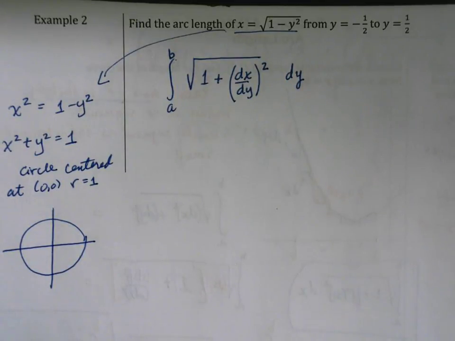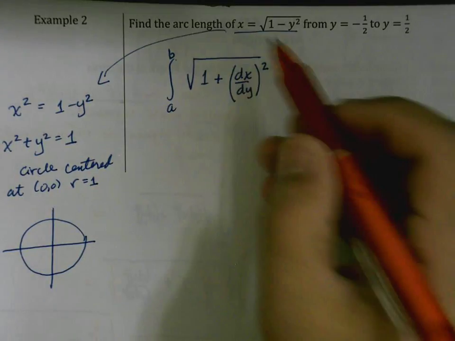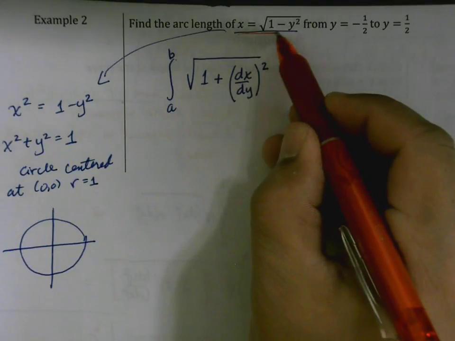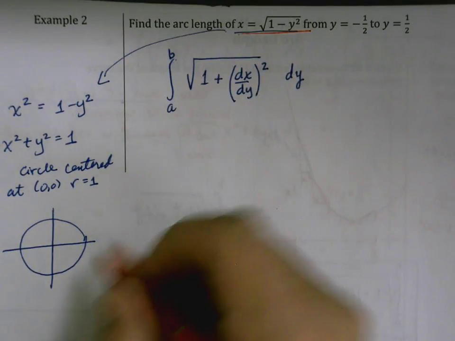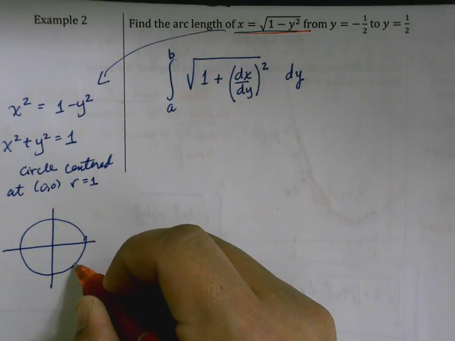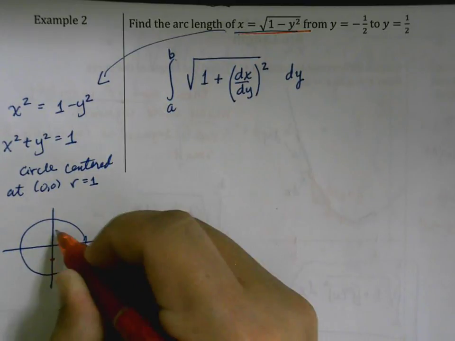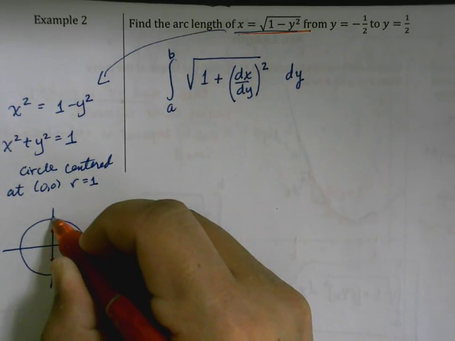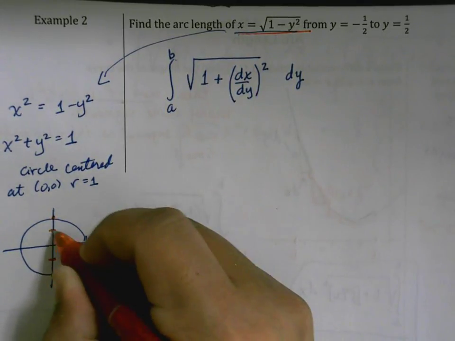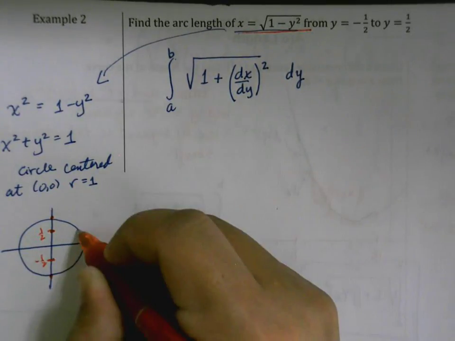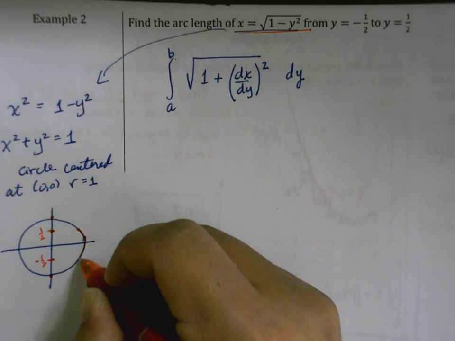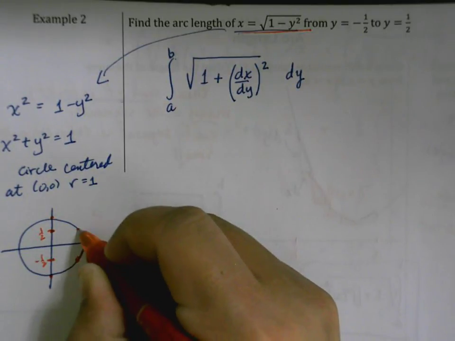Now we only want the function that matches this description, and it's only from y equals negative half to y equals positive half. So, this is 1 up here, and so these tick marks here are negative 1/2 and positive 1/2. So we only want this arc here of the curve.